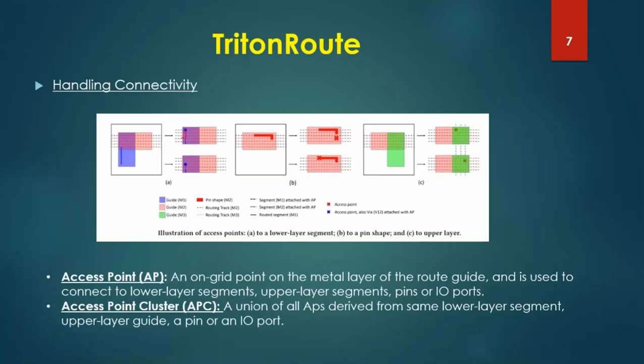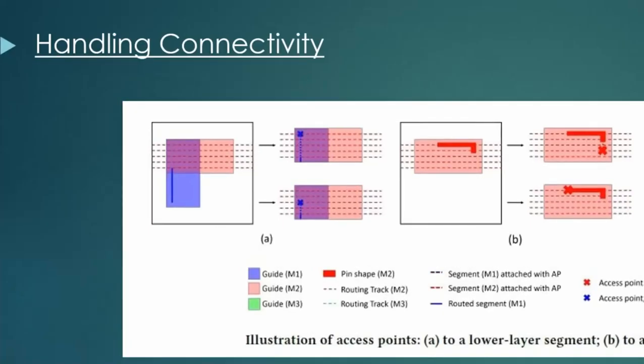There is a fourth point here, the one below that, and the fifth point here. So I hope you can see this. There are actually 5 points at which the via can be placed. All these 5 points are actually the access points.